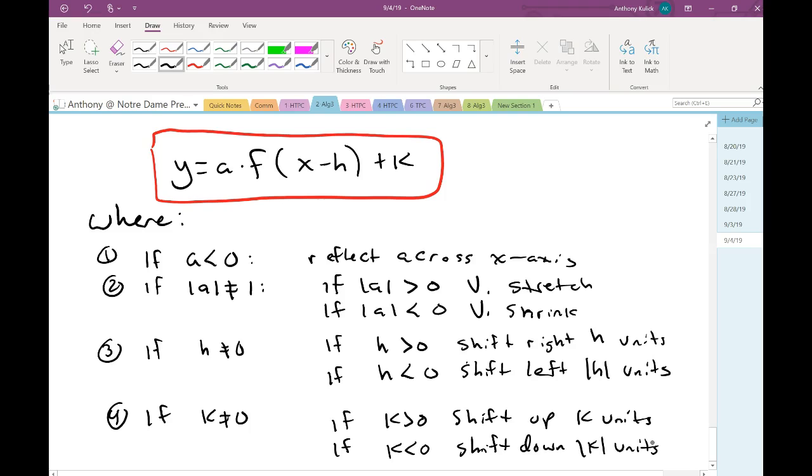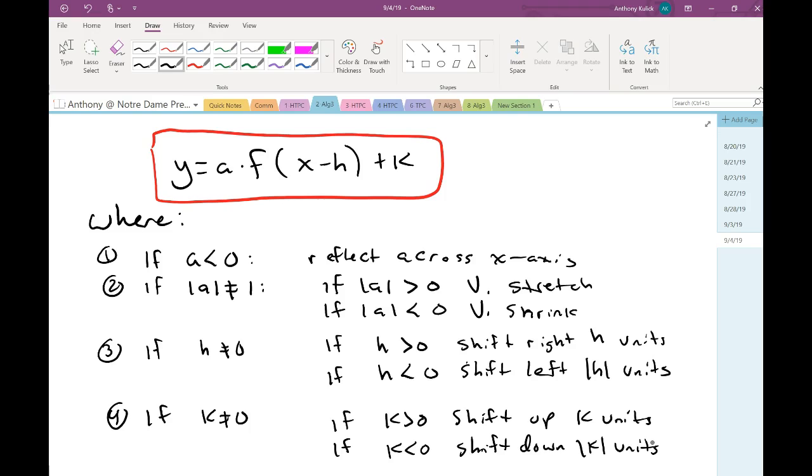So we have this general form, y equals a times f of x minus h plus k. And depending on the values of a, h, and k, we can tell the type of transformations occurring. So if that a coefficient is less than 0, we have a reflection across the x-axis.